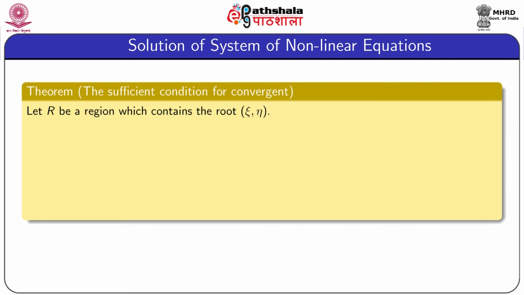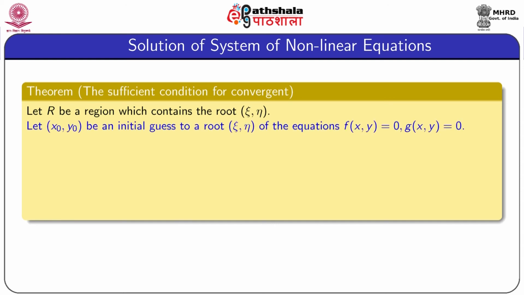Now, we state the sufficient condition for convergence of the Newton-Raphson method. Suppose R is a region which contains the exact root (xi, eta), and let (x0,y0) be the initial guess to the exact root of the equations f(x,y) = 0 and g(x,y) = 0.